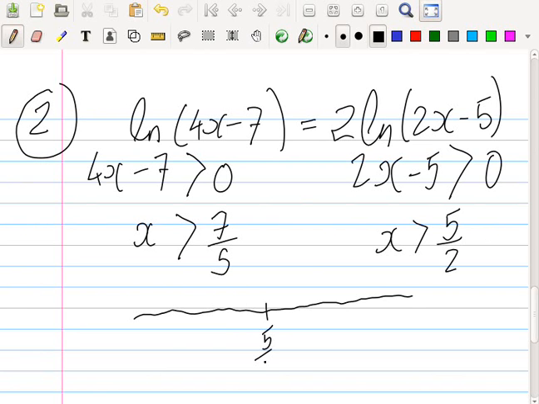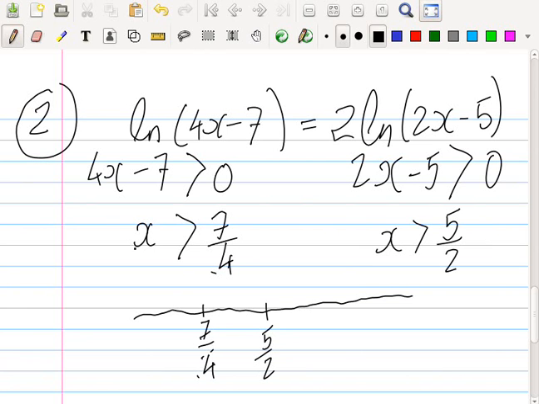there's 5 over 2 there, that's about 2.5. And then 7 over 4 will be smaller than it, won't it? It's 1.875 or something, and the other one's 2.5.